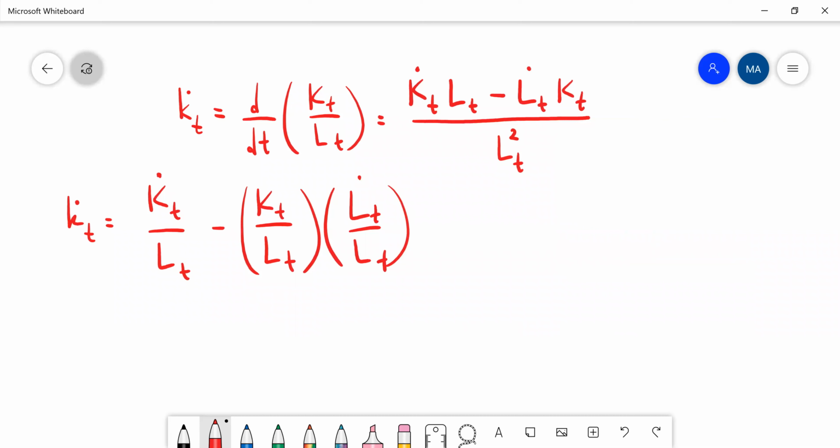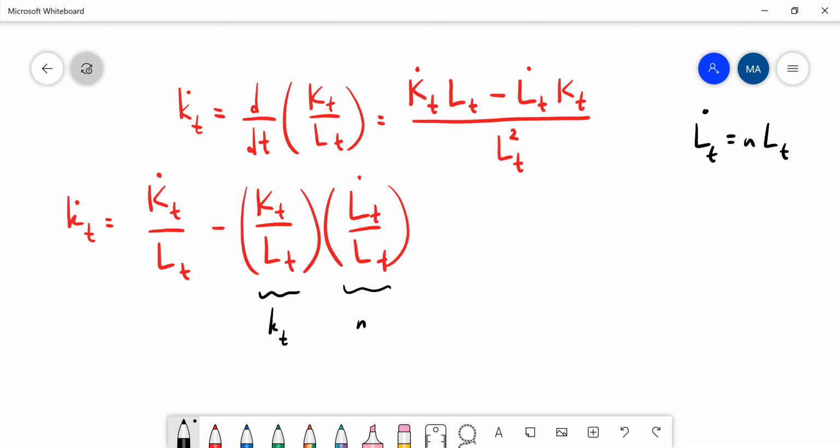So I'm just taking the derivative with respect to time. But guess what? Well, this is itself k_t, right? So this one is k_t by definition. And this is n, right? Remember, L_t grows at a fixed rate.